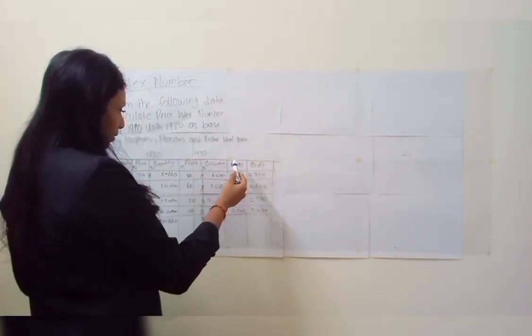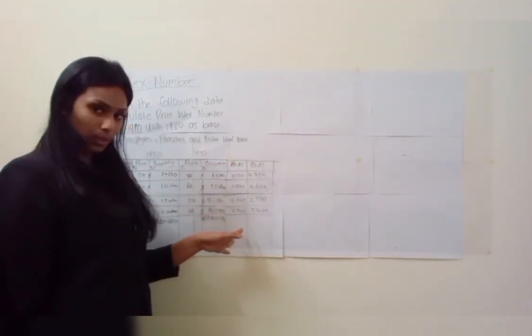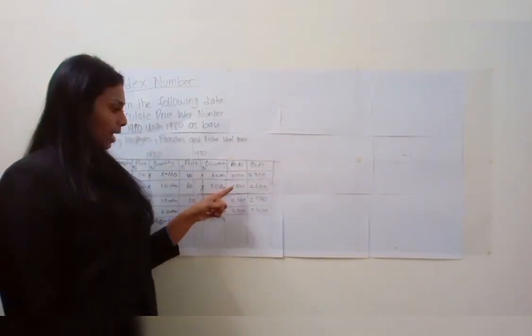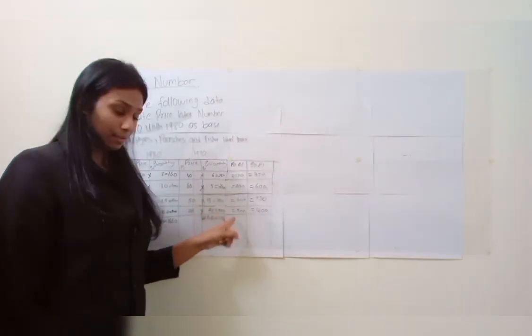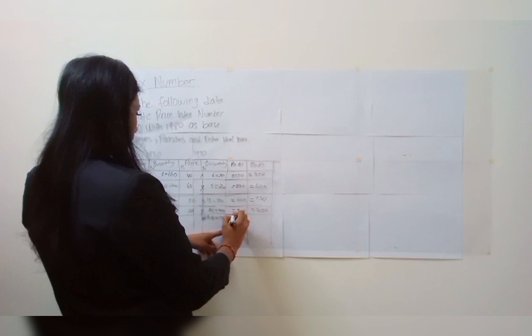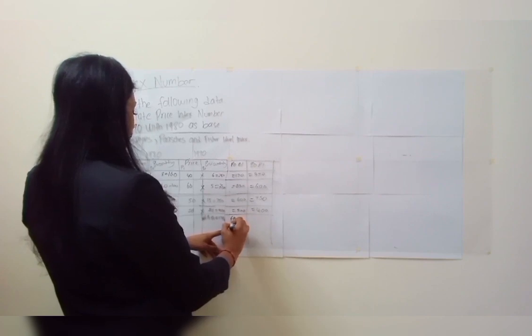Okay, so we calculate the total for both. 120 plus 250 plus 600 plus 500, the summation PO QI, equals 1470.